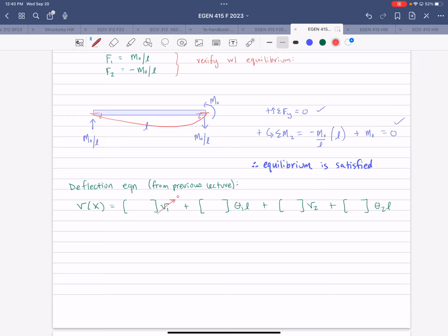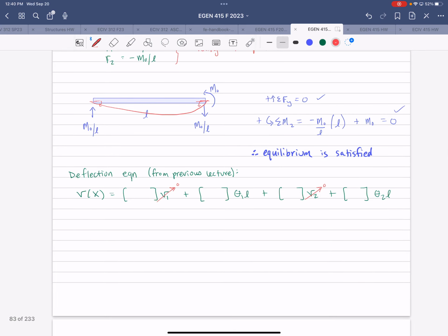For this particular problem, V1 and V2 are 0, so that eliminates those two terms. And then we just plug in what we now know to be theta 1L and theta 2L.